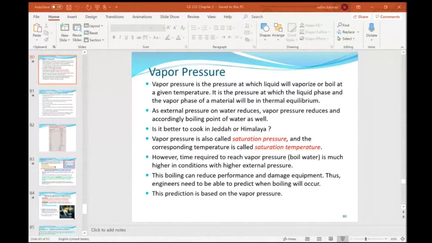If it boils faster, what does that mean? We know the normal boiling temperature at standard atmospheric pressure is 100 degrees centigrade. So you have 100 degrees centigrade at 1 atmosphere, which corresponds to the situation in Jeddah.